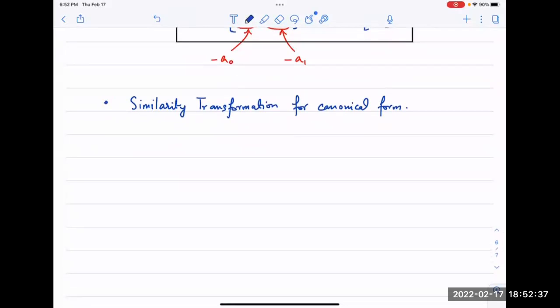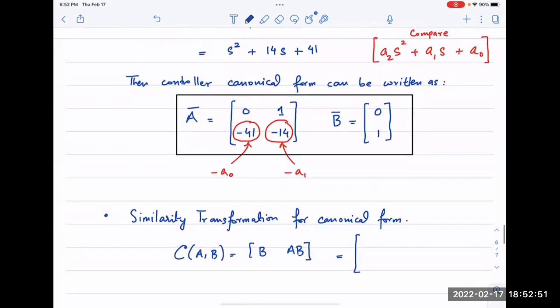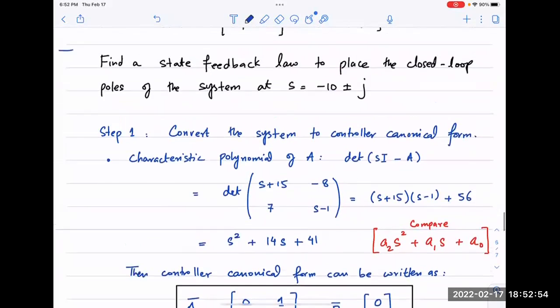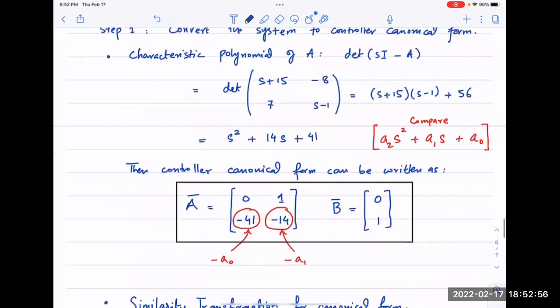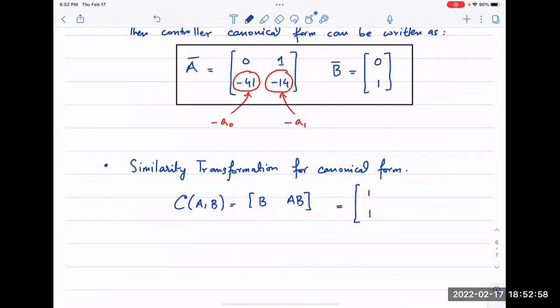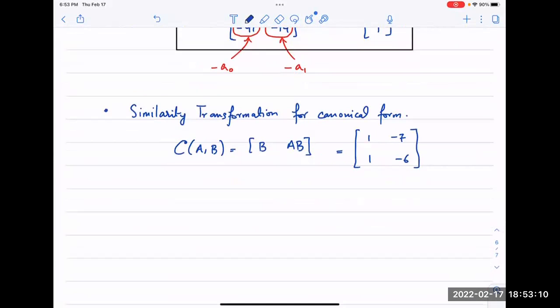So if you recall, we have to use the controllability matrix. So C(A,B), which was B and AB. This was basically the vector B, which was [1; 1], and then A times B, which turns out to be [-7; -6].